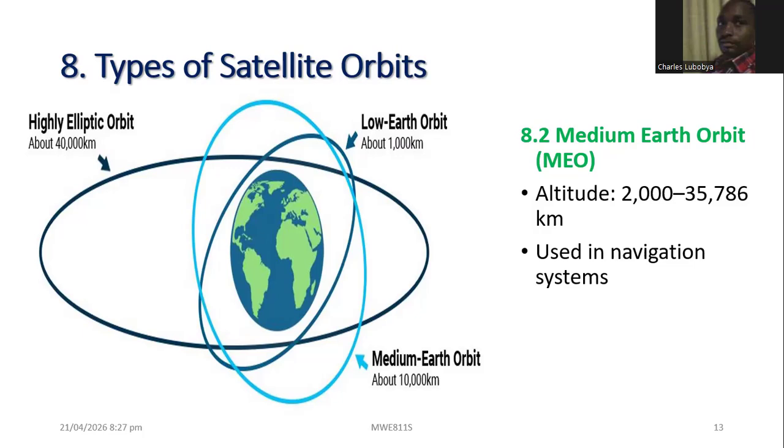These medium Earth orbit satellites are mainly used for navigation systems, and a few can also be used for radar systems. So for navigation systems, you normally apply medium Earth orbit satellites for that application.